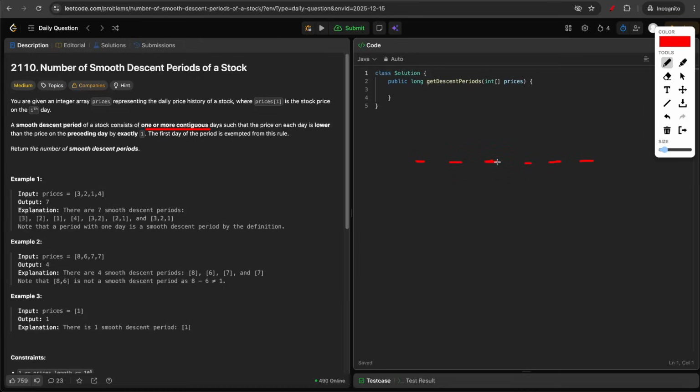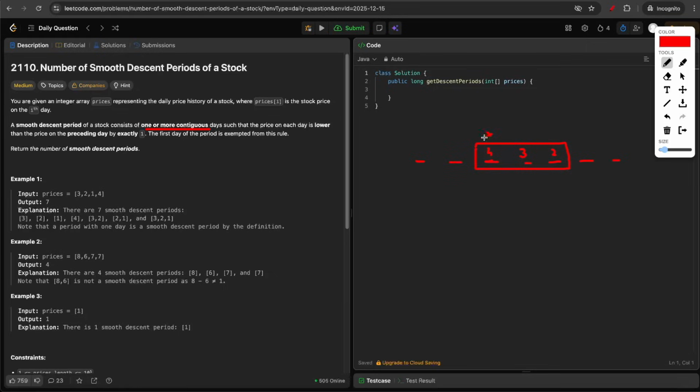So suppose we have stock prices for 7 days, and we pick these three contiguous days, and let's say the prices are 4, 3, and 2. So by definition, the price of each day should be lower than the price of the previous day by exactly one. And the first day is exempted.